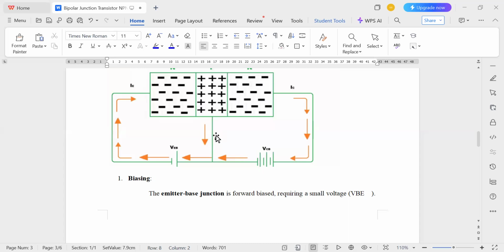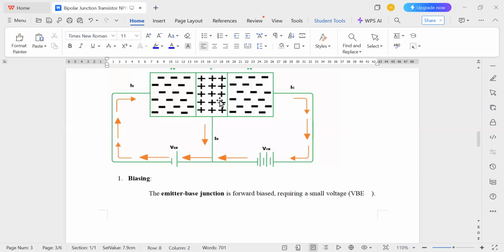This current is referred to as the base current IB, and it is very small compared to the collector current, which is represented by IC. Some of the electrons come from the emitter and combine with the holes in the base region, and the remaining electrons are collected by the collector and form the majority of the collector current.